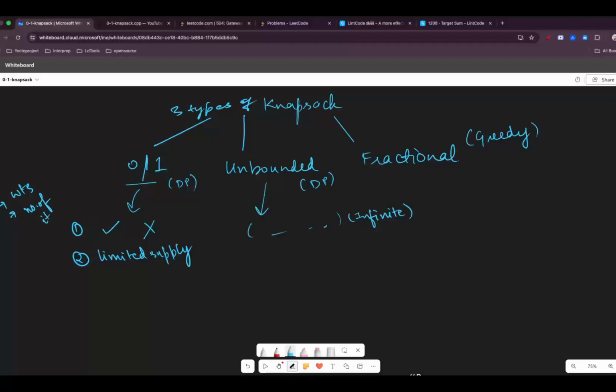And there will be a bigger container, and it also has some weight capacity, say W, and some smaller weights, some big one, some small one, and you need to put them into the container.